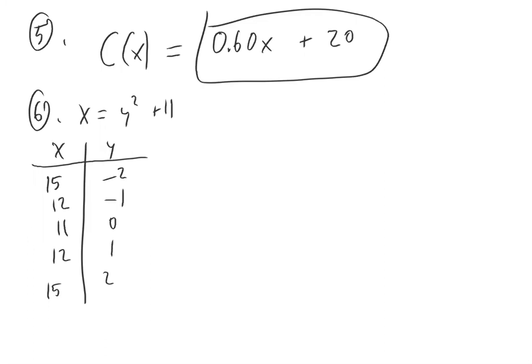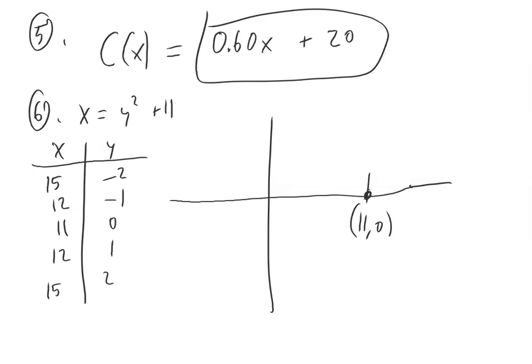So if you graph it, that'll look kind of like this. So your x, so it starts out at 11, 0, then it goes to 15, negative 2, and then 15, 2 as well.